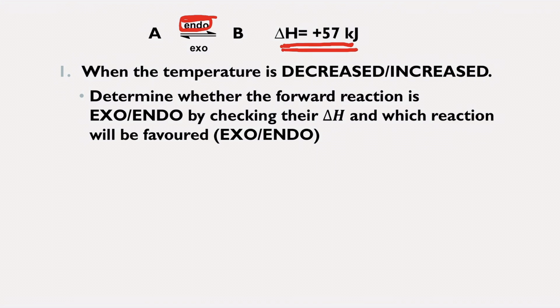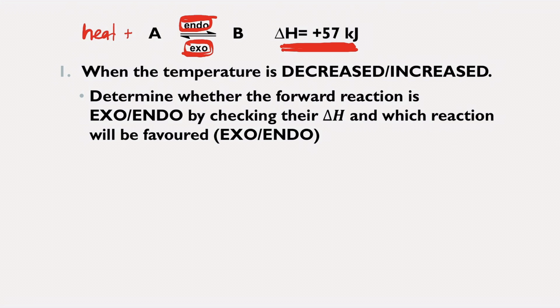Okay, look at the delta H. If it is positive, it means your forward reaction is endothermic. So your backward reaction is exothermic, which goes to the left. It means you will produce heat when you form A. Okay. You can write it like that to make it clearer for you.